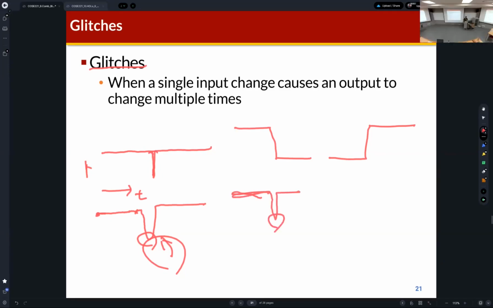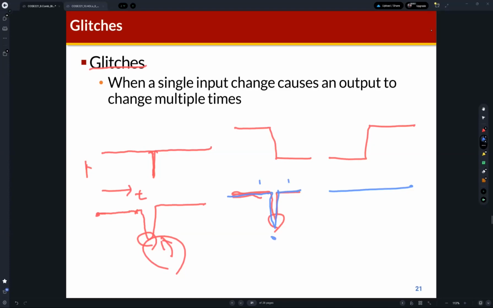Okay? We expect that the output value is continuously 1. But for some reason, the output is changed like this. So 1 is changed to 0, and then after a short time, the value is changed from 0 to 1. This is called a glitch.